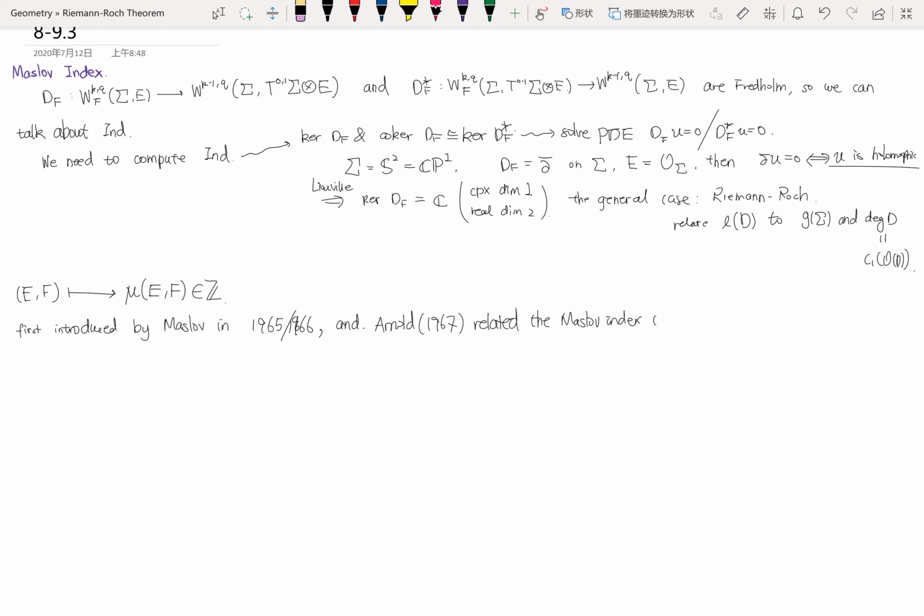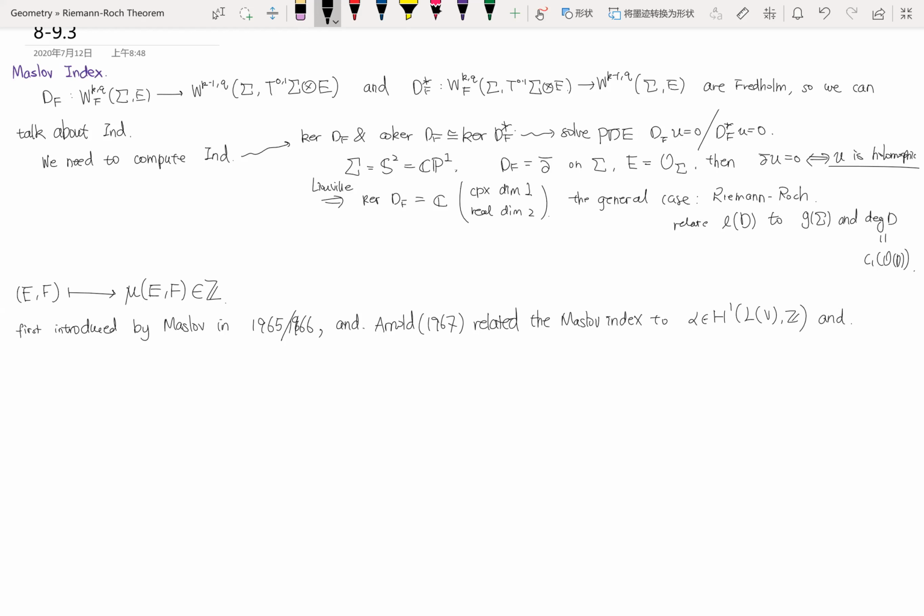I think it should be said he relates the Maslov index to the topological invariant like H1 of the space of Grassmannians, that is L(V), with values in Z.